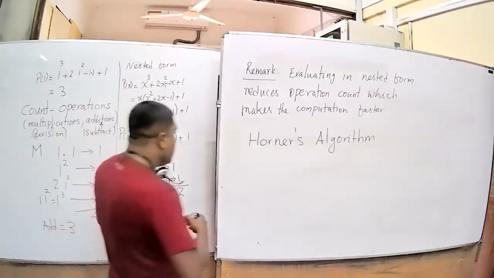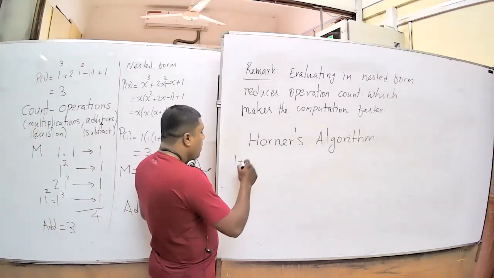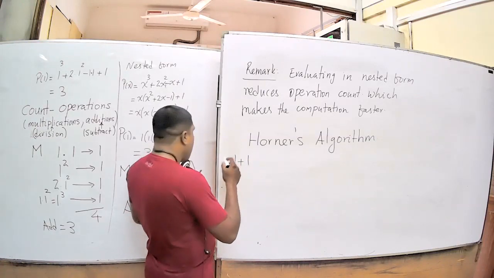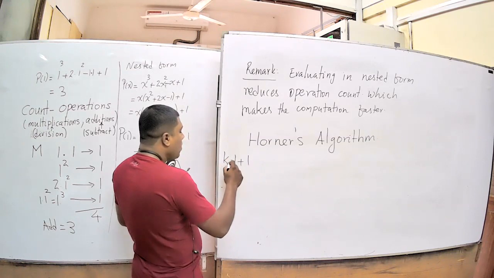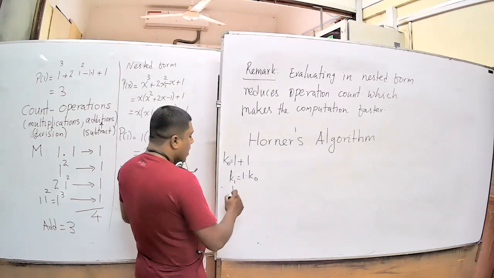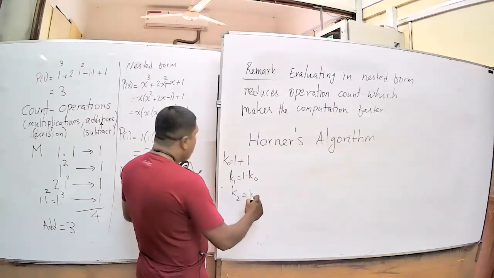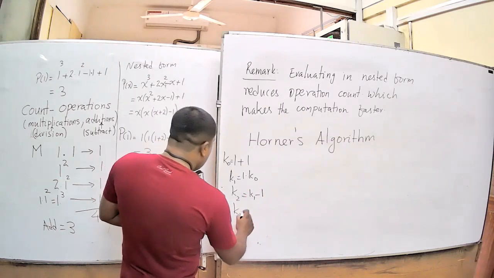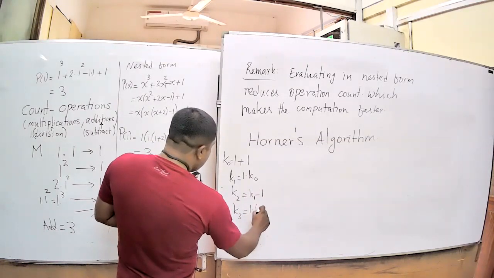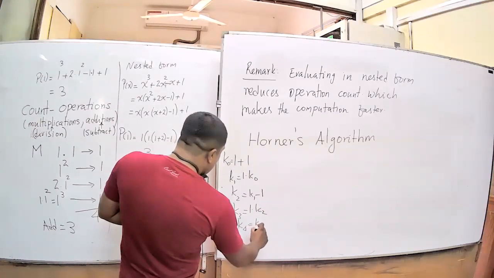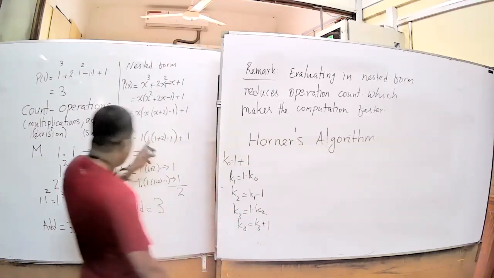So for example, if I say this is some k naught, then k1 is 1 times k naught, and then k2 is k1 minus 1, and then k3 is 1 times k2, and k4 is k3 plus 1. Like that it will do.